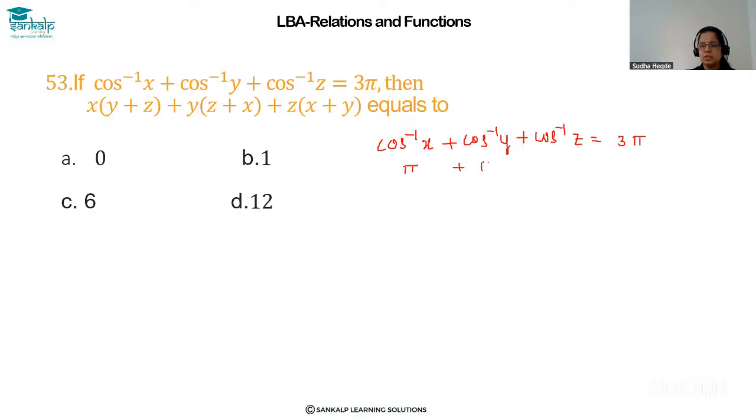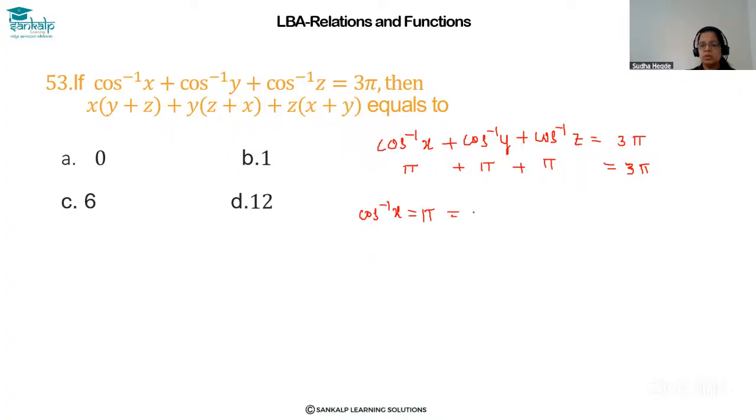Because pi plus pi plus pi, the maximum value is only that. You can't go beyond that. So each one should have its maximum value, that is pi, giving 3 pi. Okay.